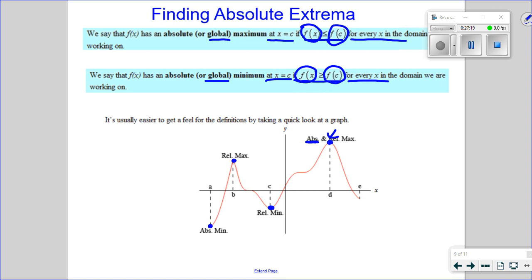So that would actually be this endpoint right here. That is the lowest point on this graph. So what's kind of interesting is absolute extrema can occur at an endpoint, but relative extrema do not occur at an endpoint, okay?